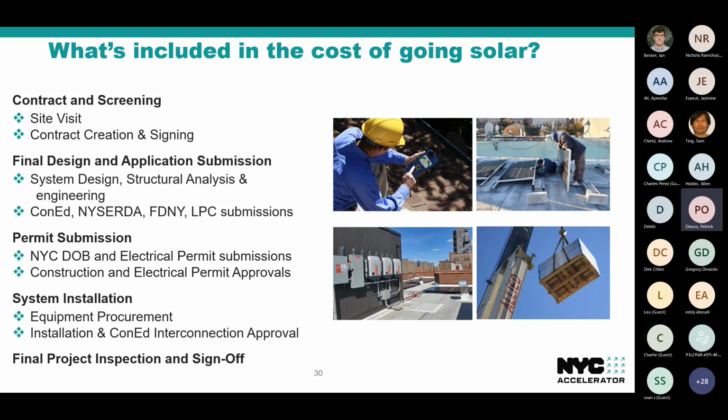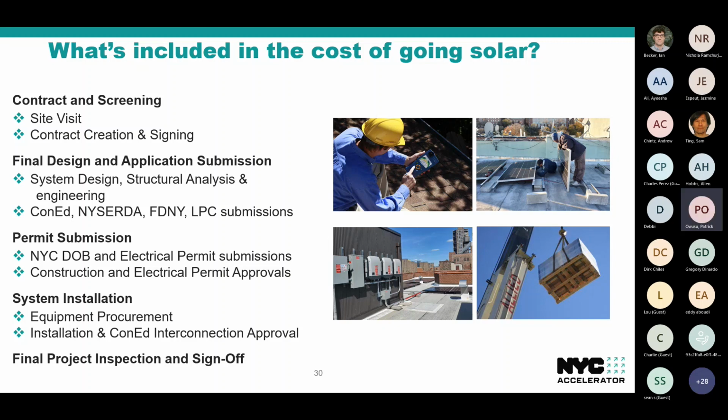There's the system design itself, for any kind of mechanical integrations if need be, or where the panels will be laid out and all those other structural aspects. There will also be permitting requirements that go through the Department of Buildings as well as FDNY for clear path permits, to make sure they have the space needed to get on the rooftop in case there's ever a fire emergency.